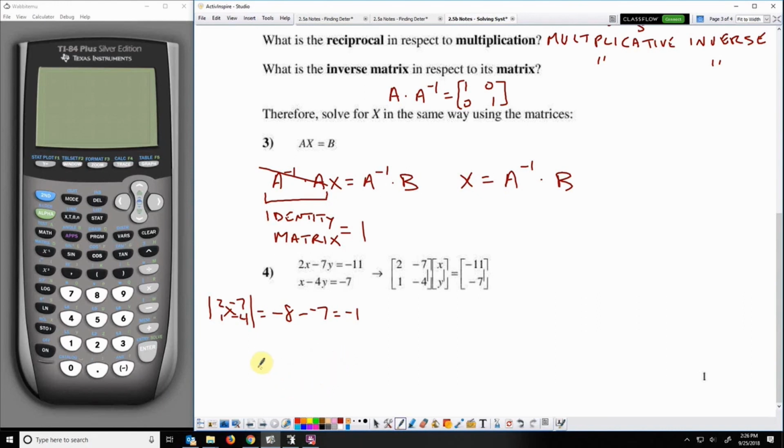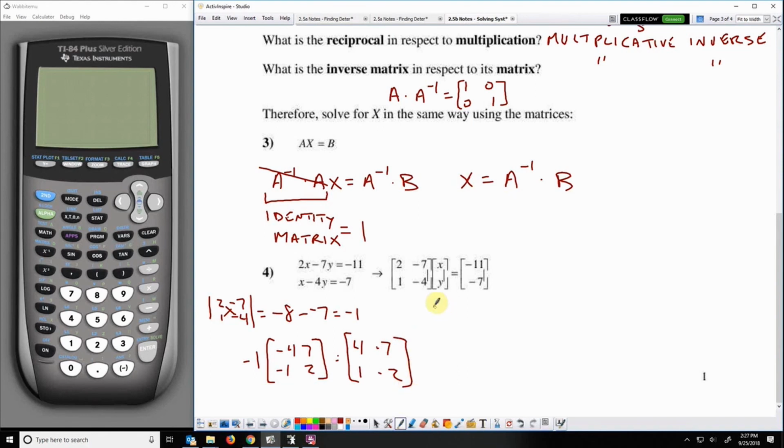We multiply by the reciprocal of negative 1, which is its own reciprocal, so we multiply negative 1 times this matrix, where we switch the main diagonal and use opposite signs on the secondary diagonal, and we get 4, negative 7, 1, negative 2. So that is the inverse.